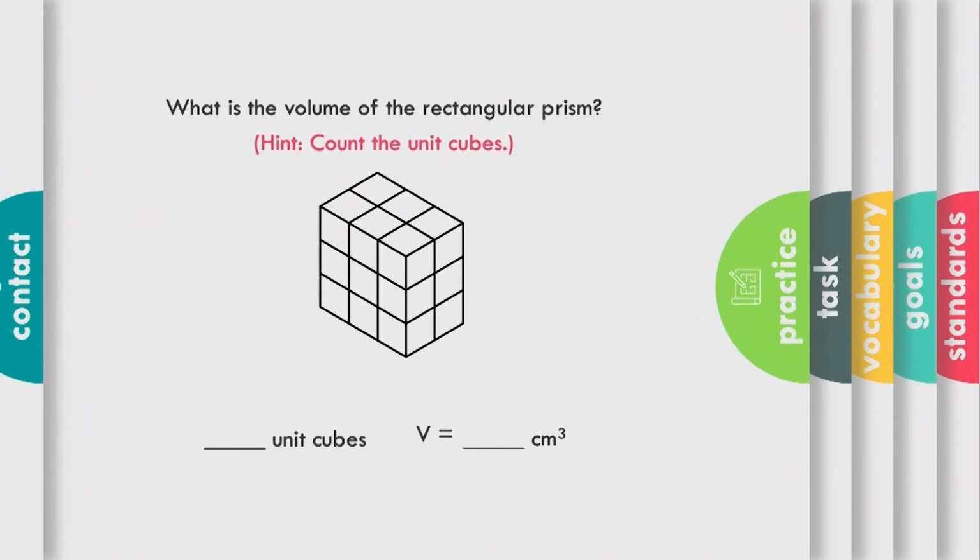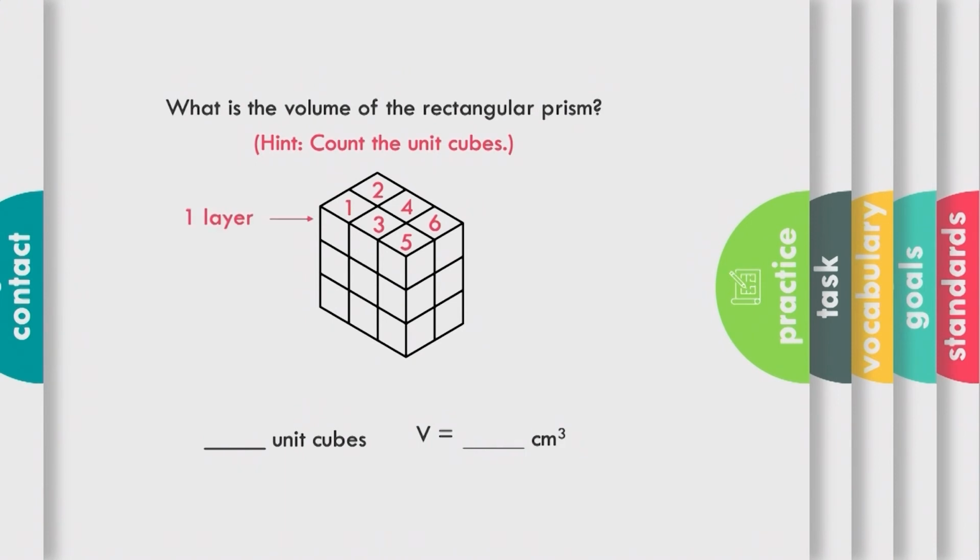Who said that you could count the unit cubes? You are amazing. All right, so let's do this together. 1, 2, 3, 4, 5, and 6. Now I know we see that there are 6 unit cubes in that top layer, but it can be kind of difficult to see the ones underneath. So what do we do in that instance? Well, we pay attention to the layers.